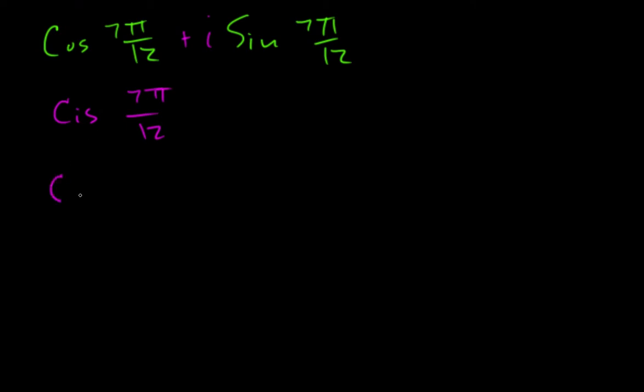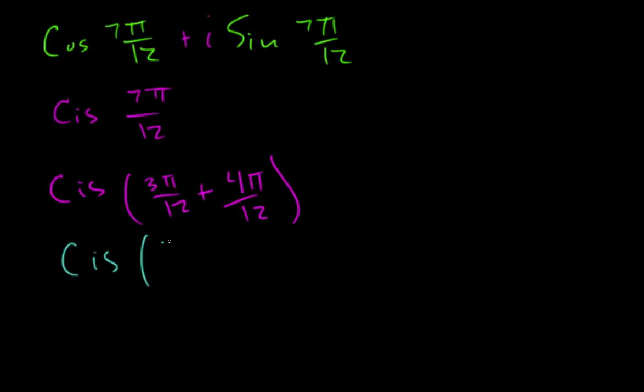And what we want to do is break this up into two things being added together. So we're going to write it like that. 3 plus 4 is 7, and this is going to simplify to pi fourths and pi thirds.